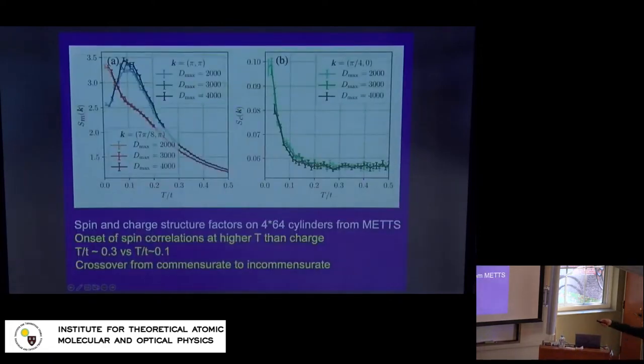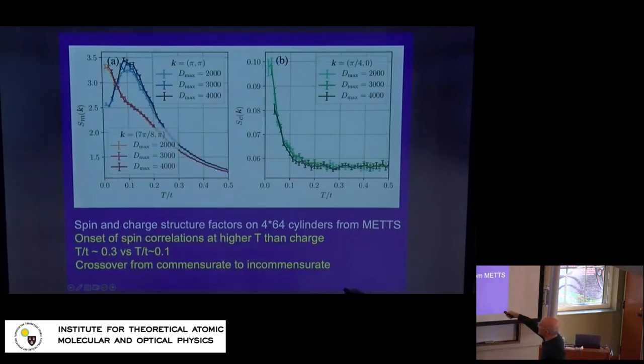And you see this here. This is from this METTS study, the magnetic structure factor. You see that the spin takes over much more quickly than the charge. The charge does nothing down to temperature of the order of 0.1. By the way, this is also the scale at which we saw the phase transition in the AFQMC method.